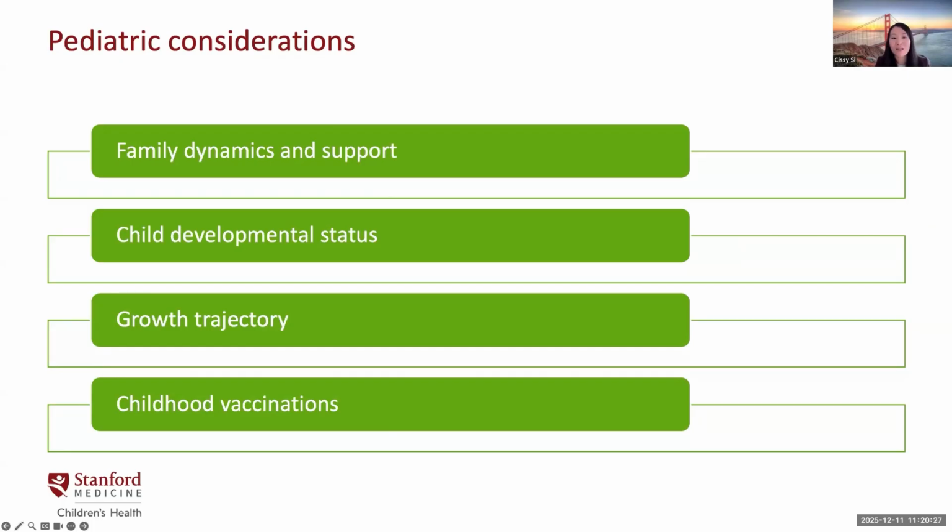So we think about the family dynamics and the family support for these children who are undergoing this very complex therapeutic option, the child's developmental status at the start of the transplant process, as well as potential for growth and improvement over time, their growth trajectory, as well as the ability to obtain childhood vaccines. Specifically for the infants who undergo lung transplantation, sometimes some of these vaccines, specifically the live vaccines, cannot be obtained prior to transplant.